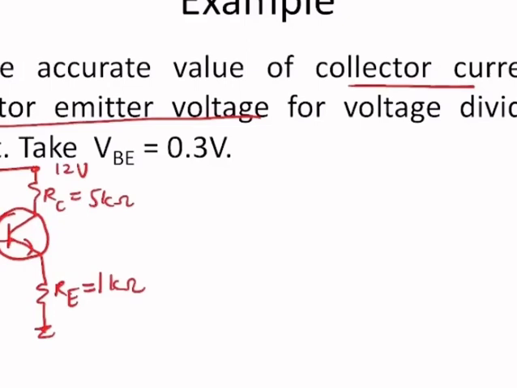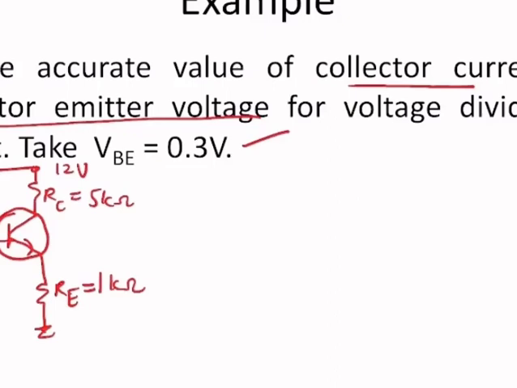R1 resistor is 40 kilo ohm, R2 is 5 kilo ohm. This is the voltage divider bias circuit. In this circuit, you have to find the accurate value of collector current and collector emitter voltage. Take VBE 0.3 volt. For the accurate value of collector current, you will do accurate analysis.